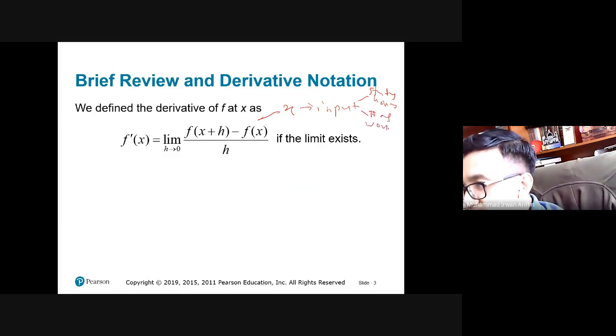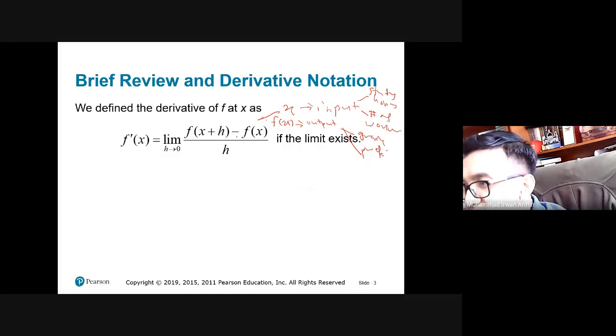Surely this will then affect your f of x. So f of x is the output, which is either your grade or maybe your profit. What happens when we change the input by a small amount? Surely our output will also change.